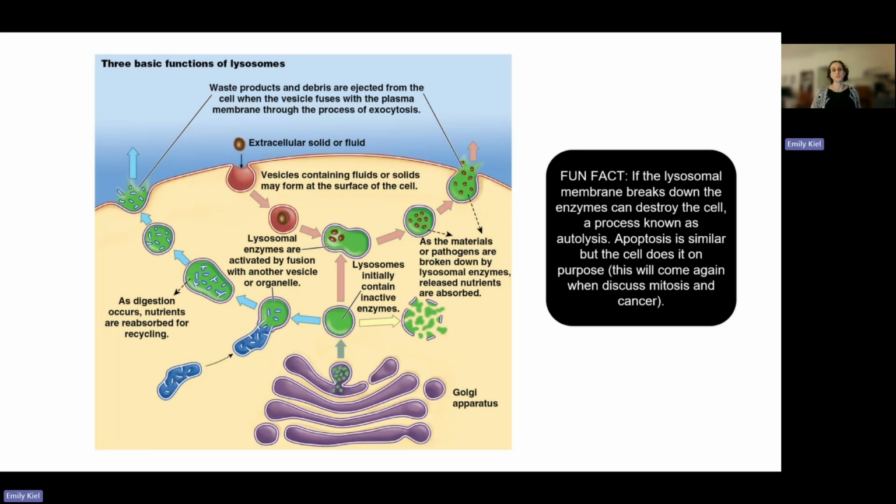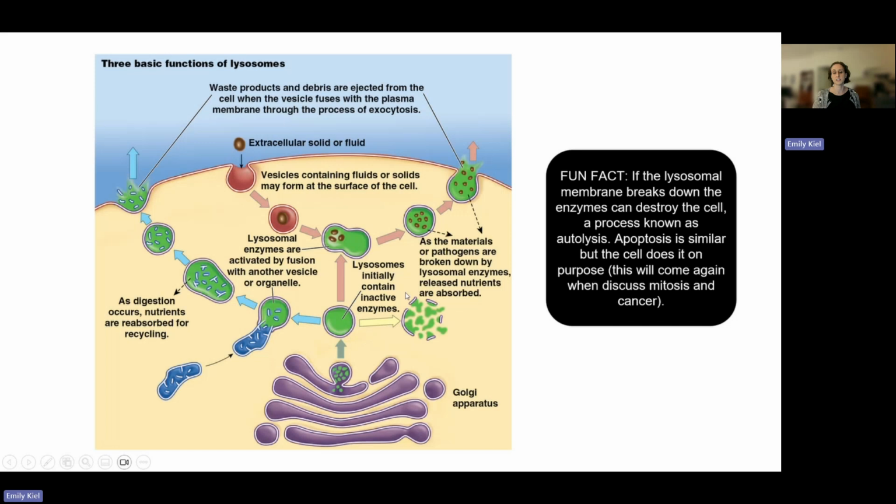There are situations where those lysosomes have active enzymes where the membrane breaks down and it destroys the cell, and that's a process known as autolysis. And apoptosis happens in a similar way, but it is programmed. So when we talk about mitosis and cancer, we'll talk about this again, but you can have lysosomes that have inactive enzymes and won't do anything if they're breached.